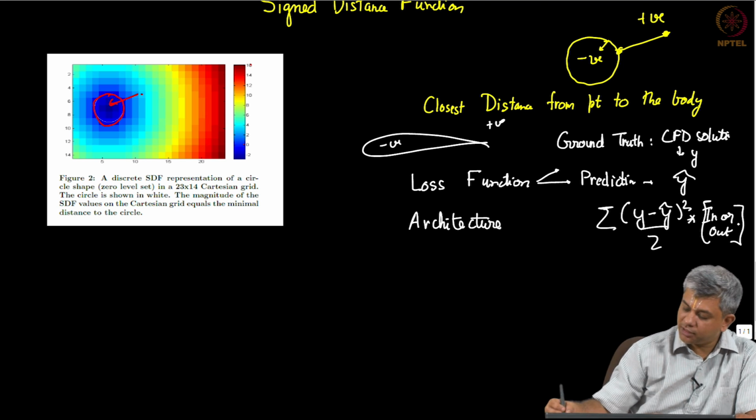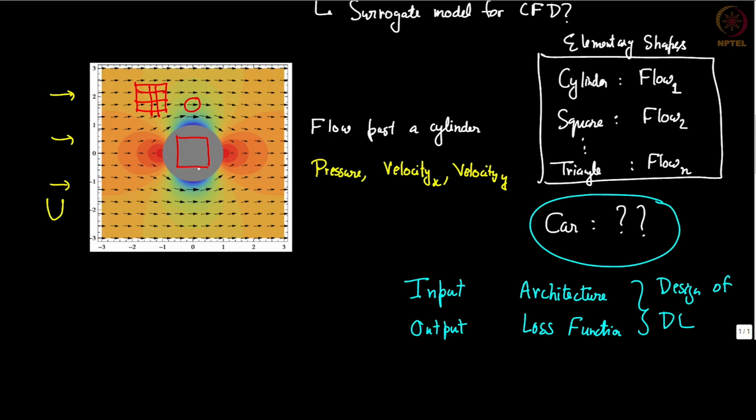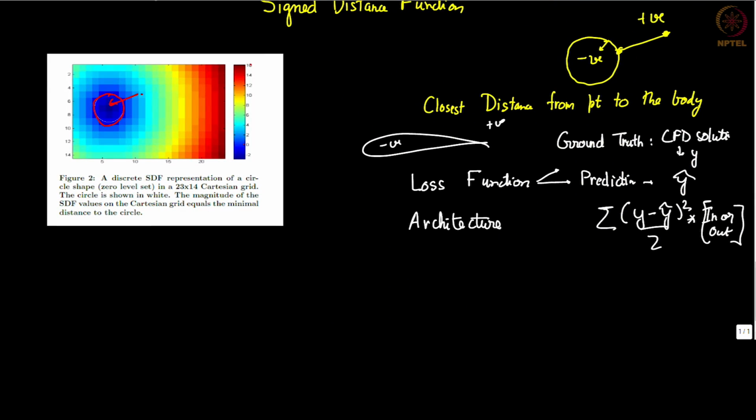We obviously know that the flow within the body, even if the CNN gives a prediction, that is actually useless. Here we have no flow at all. So, since you are interpreting the whole thing as an image, you are going to get a loss inside the body, that part we will not count. So, in means we will use 0, we will not count the loss, out means we will use 1.